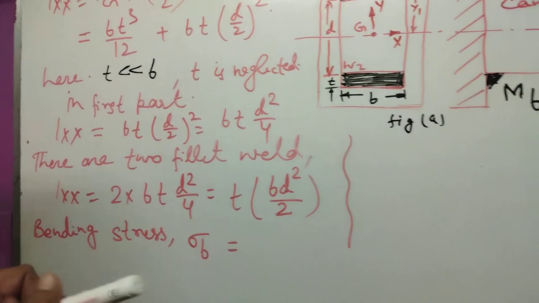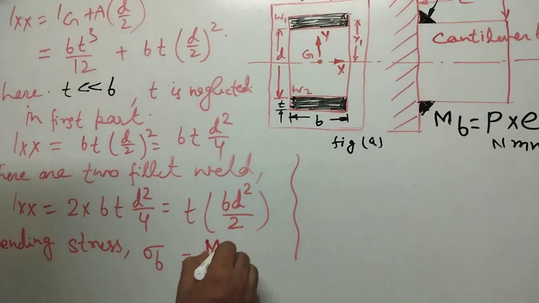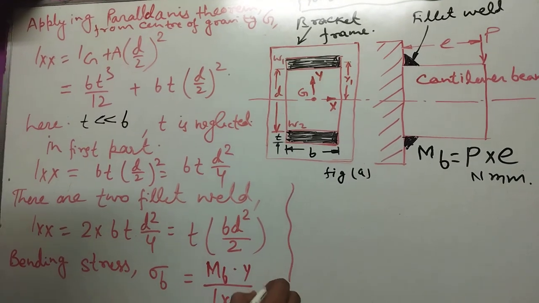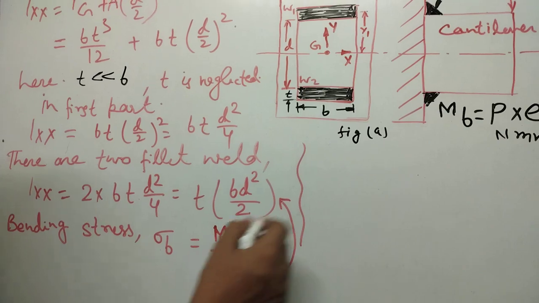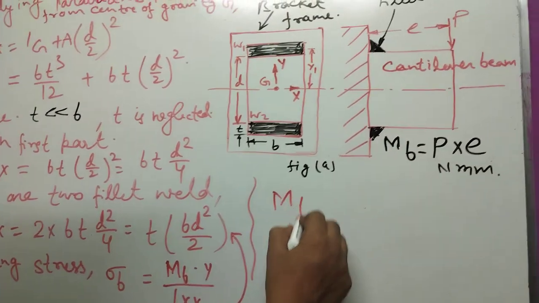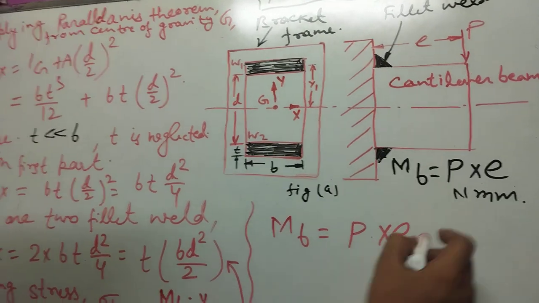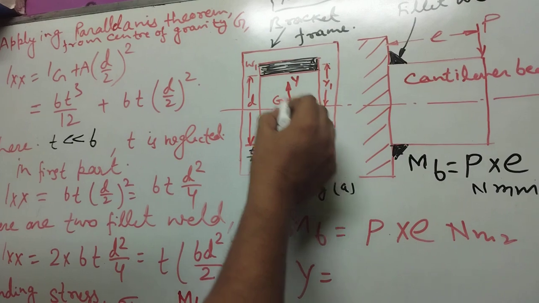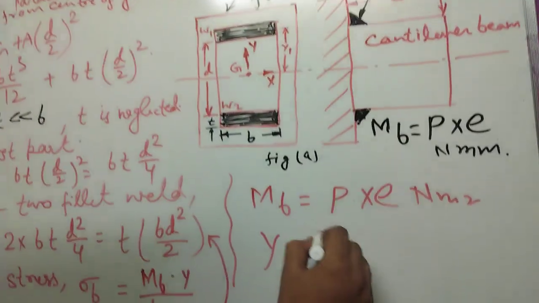Now the bending stress sigma b equals Mb into y by Ixx, with Ixx equal to this value. Mb, as I said earlier, equals P into E in Newton millimeter, and y is the distance d divided by half, that is d by 2.